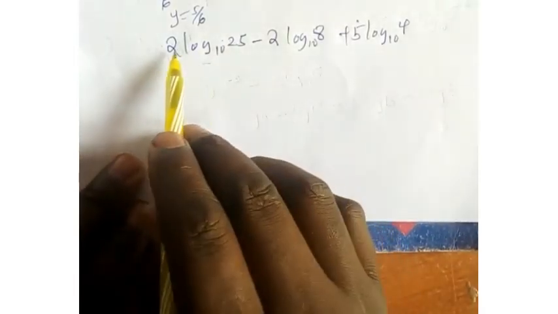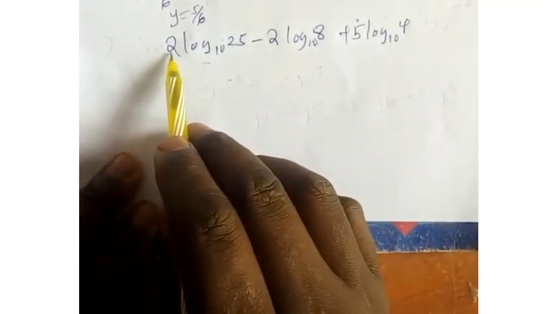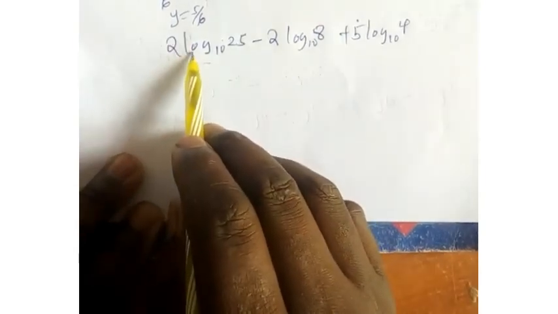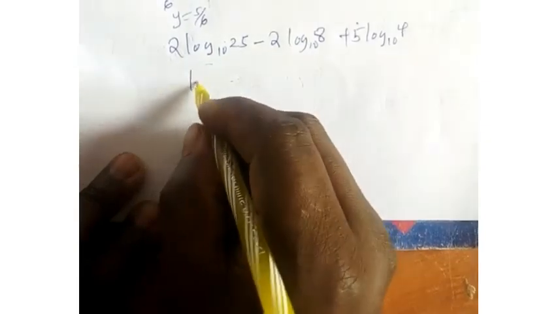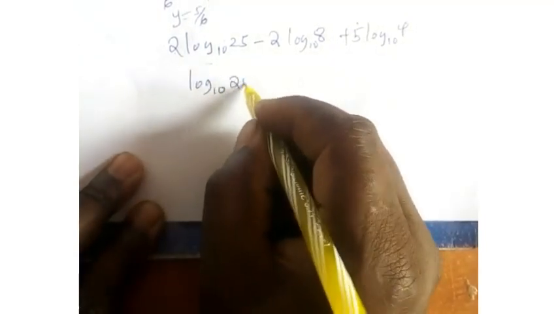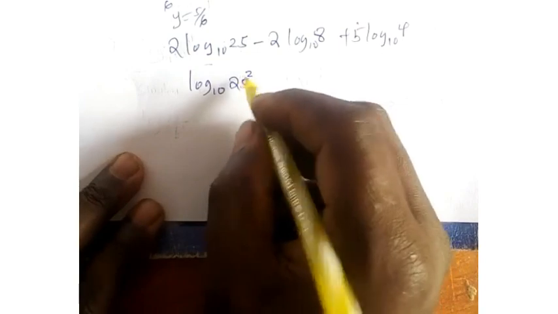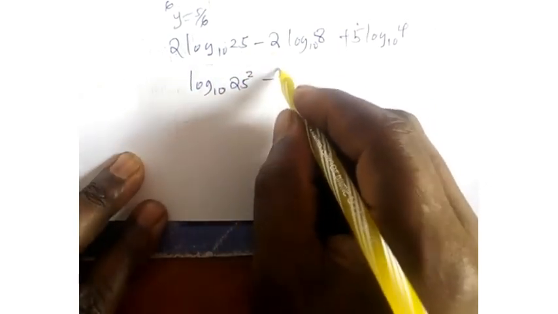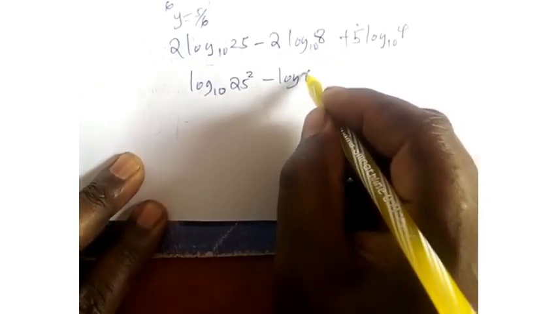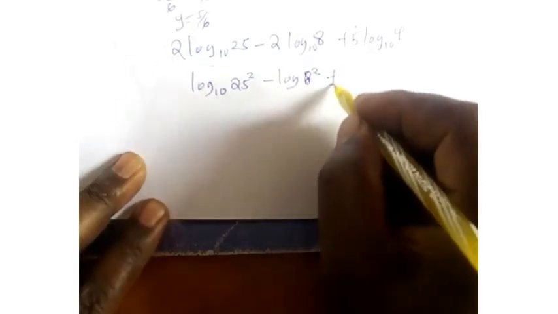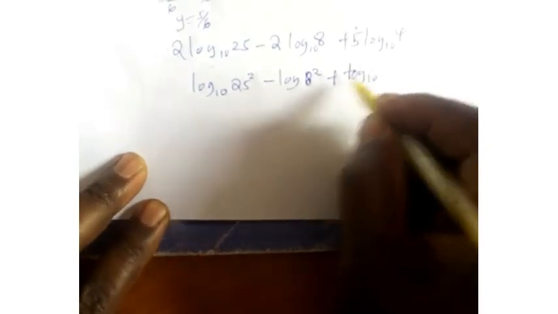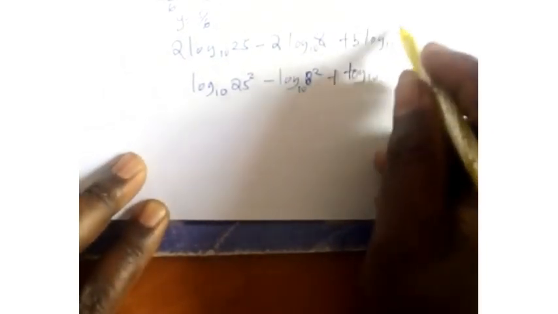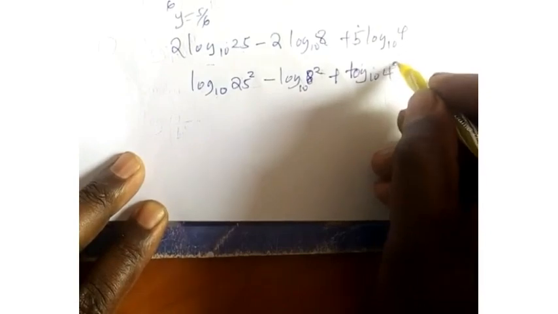So first, look at the equation, the way it is written, and then you can realize that this is 2 log. I said when a number comes before the log, you should know that is the power of that logarithm. So this one means it is log to base 10 of 25 squared, which is actually 625, log 8 raised to power 2, which is 64, plus log base 10 of 4 raised to power 5.